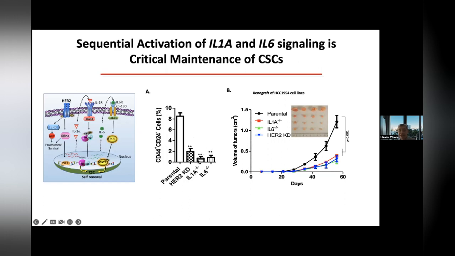That explains why knocking out either one of these genes dramatically reduces the cancer stem cell content. We then injected these cells into animals to further confirm this is really required to maintain the cancer stem cells. The parent cell grows tumors very well, and the knockout cell lines can form tumors, but the efficiency is much lower, and the tumors also grow much slower.